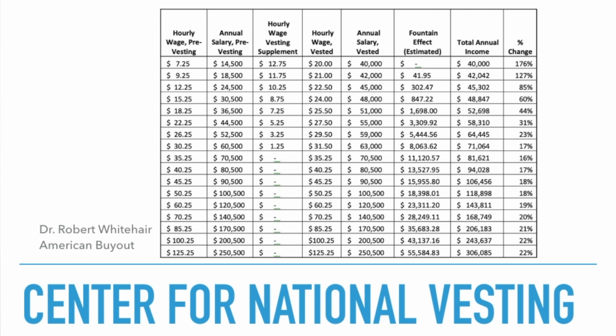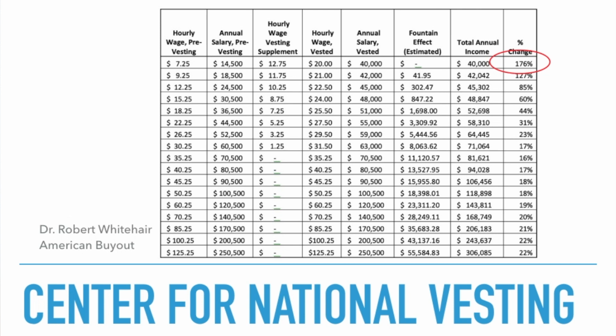Seemingly, low-wage earners benefit disproportionately more on a percentage basis, and high-wage earners actually receive larger increases in their annual income despite not receiving vesting supplements. So that's an interesting part of the table. If you look at the lowest wage earner, there is no estimated fountain effect, but they have a very high increase in their salary, 176%.